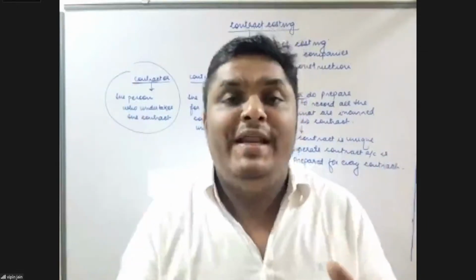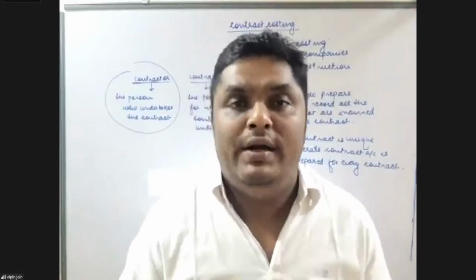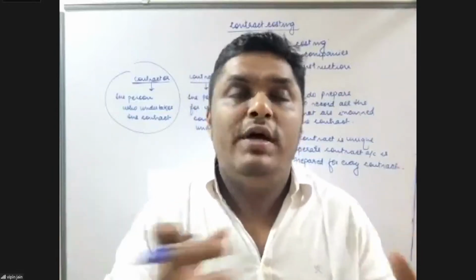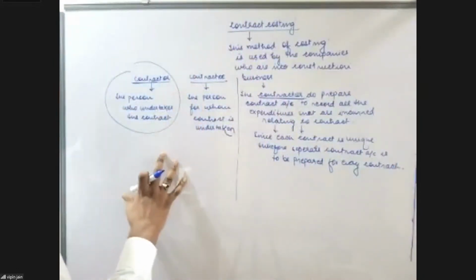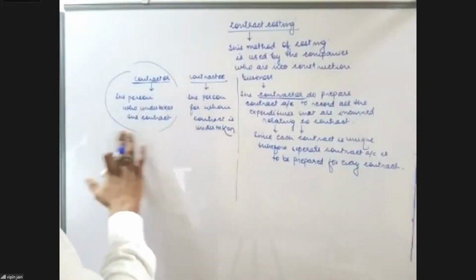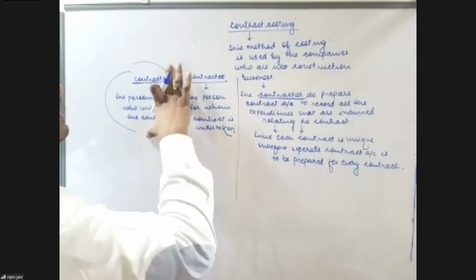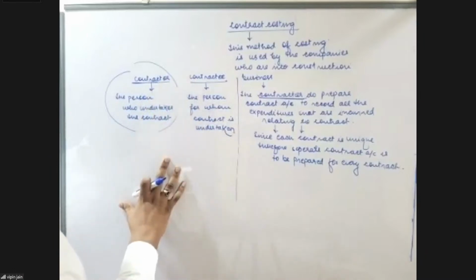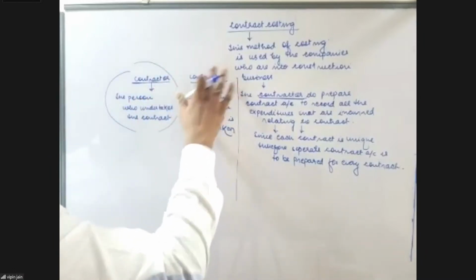So in this chapter we will study more from the contractor's point of view as compared to the contractee. This chapter is focused thoroughly on the accounting that the contractor has to follow, that is, how to account the expenditures incurred in relation to a contract. So this chapter is important for the contractor, not for the contractee.